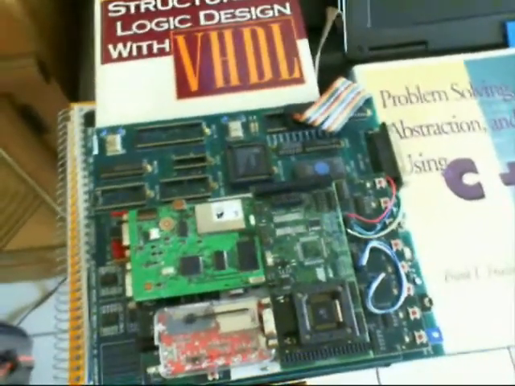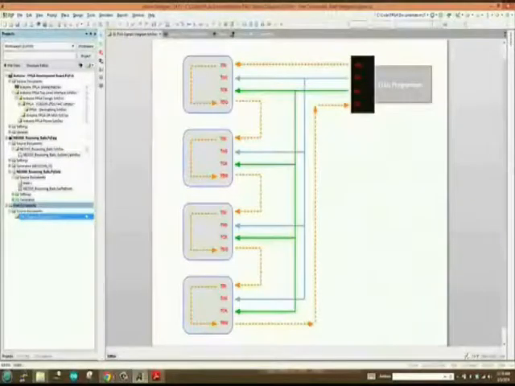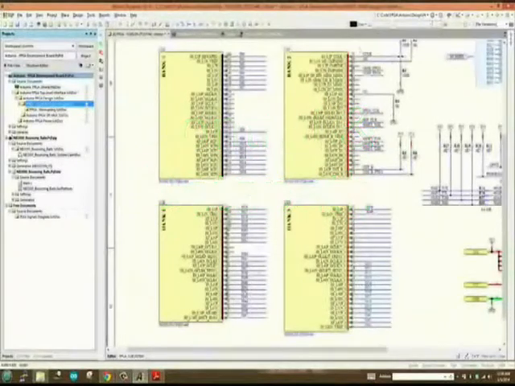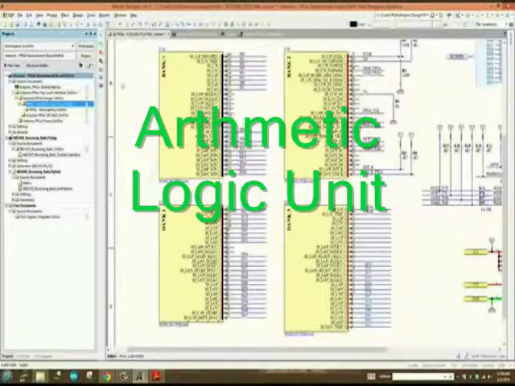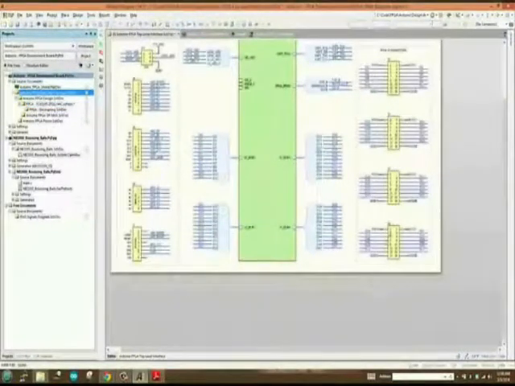An important segment of the CPU architecture is the arithmetic logic unit, which consists of combinational or sequential logic circuits to perform operations on data as instructed by the control unit.